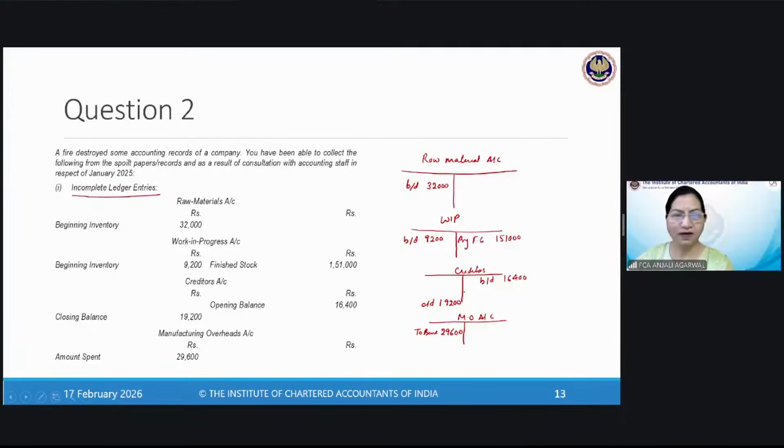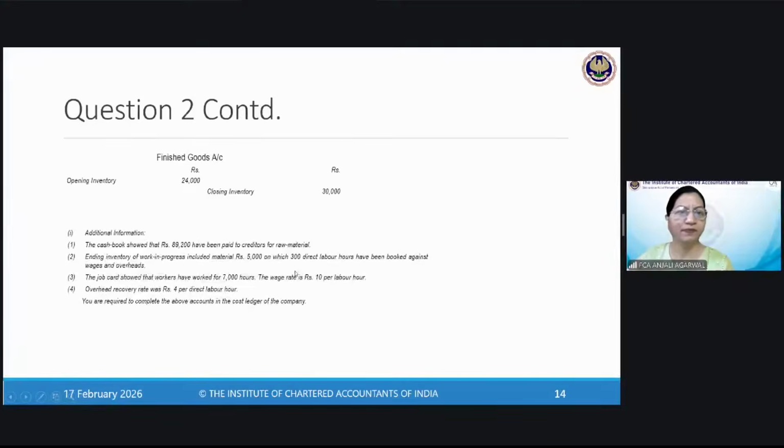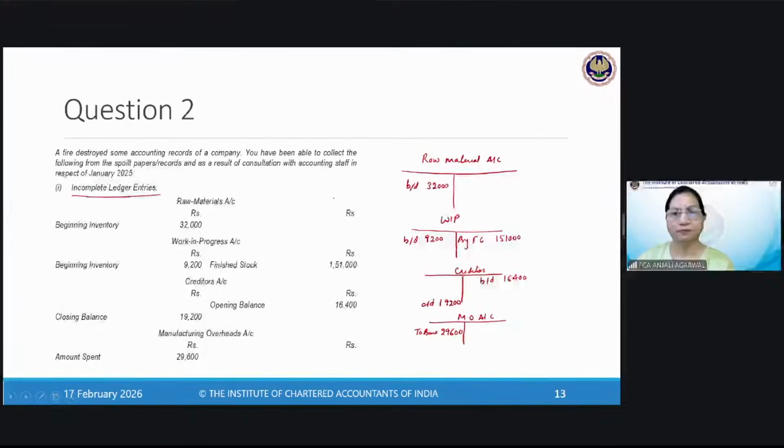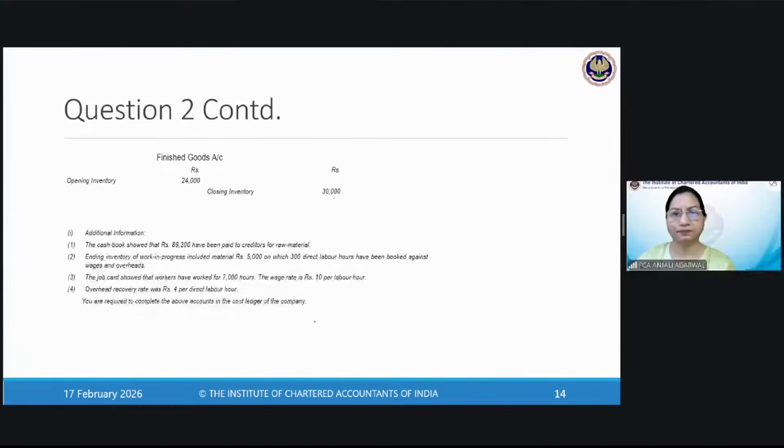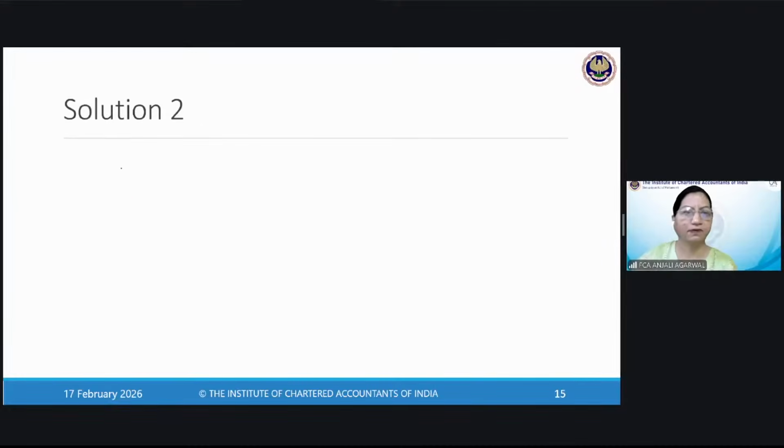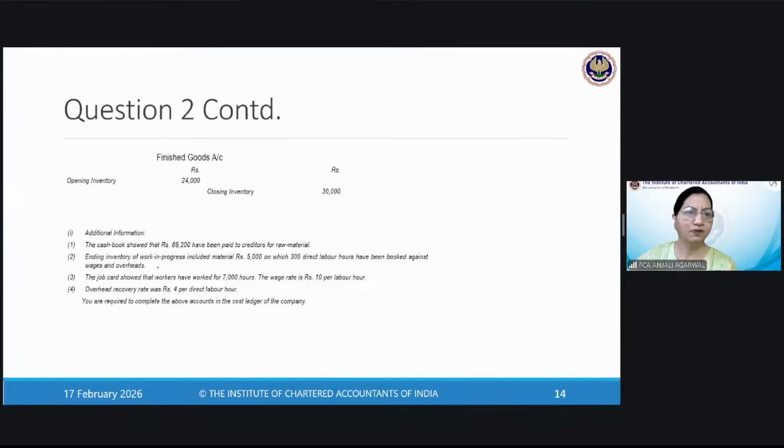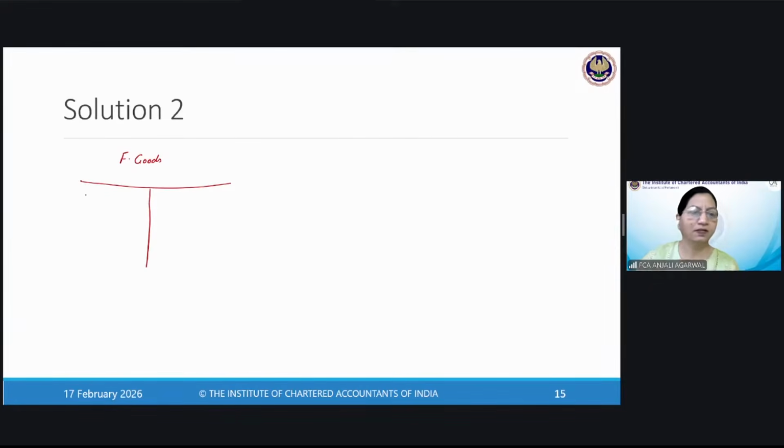So this is all you have, and there is missing information. You also have one more account, which is the finished goods account, opening 24 and closing 30. So I'll take the finished goods account here. Opening balance was 24 and closing is 30.